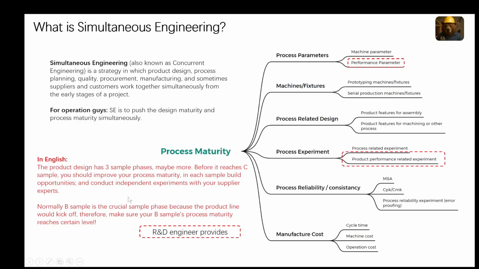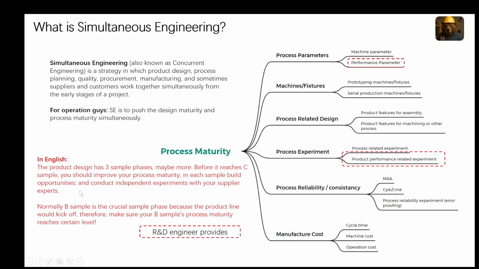For you operation guys, you need to improve your process maturity along with the product maturity or design maturity at the same time. Make sure it is manufacturable before it reaches C sample. As I had said, make sure the B sample can go to the product line, and then you are successful.